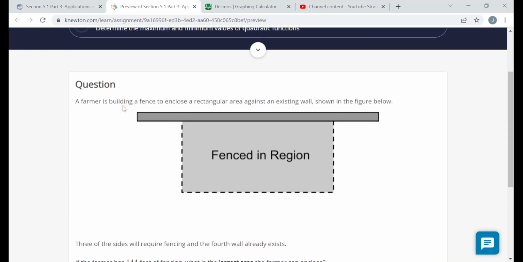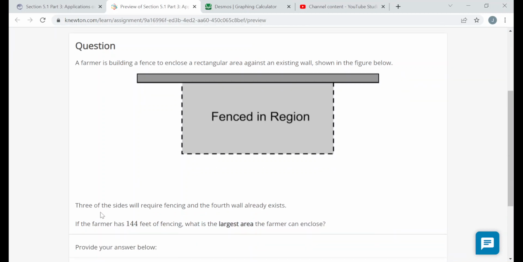So a farmer is building a fence to enclose a rectangular area against an existing wall, shown in the figure below. Alright, so you have this wall that's already there, and the dotted lines are the fencing, and the fenced in region is a rectangle.